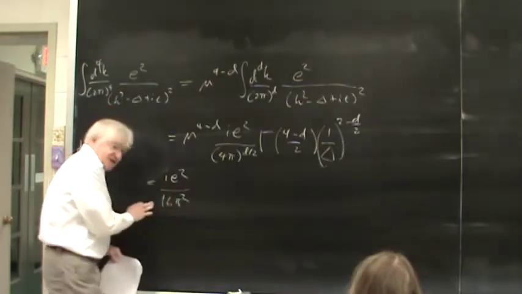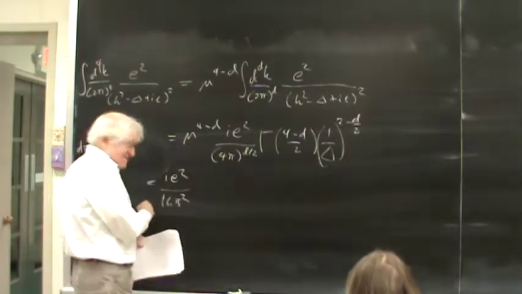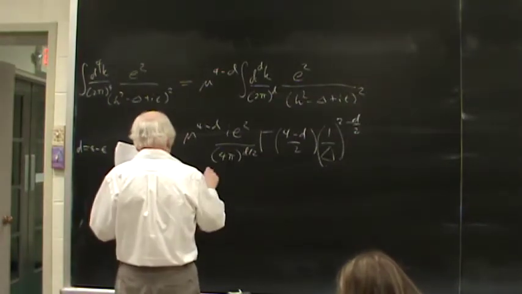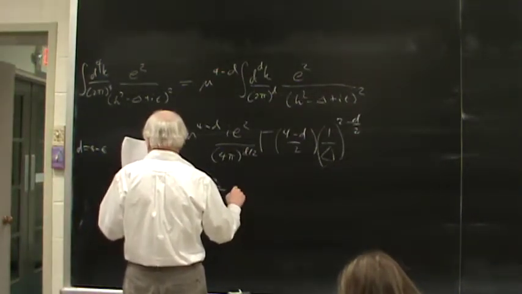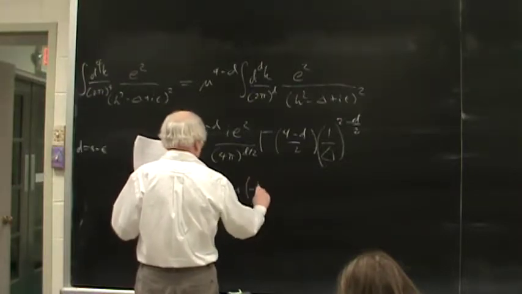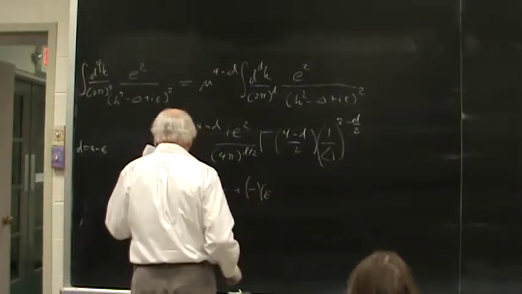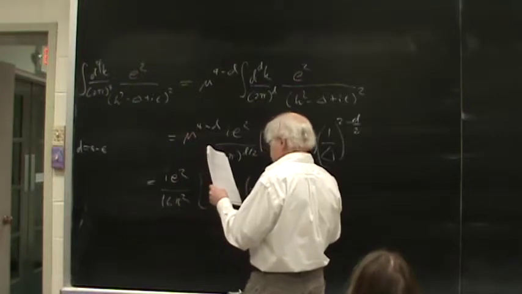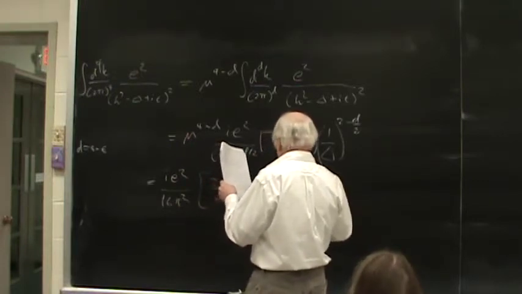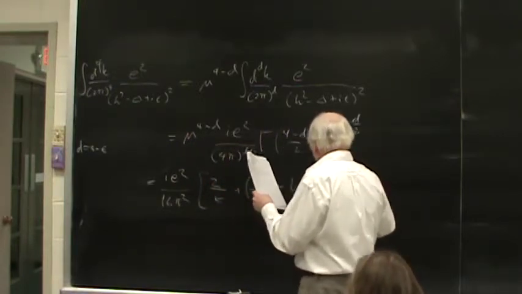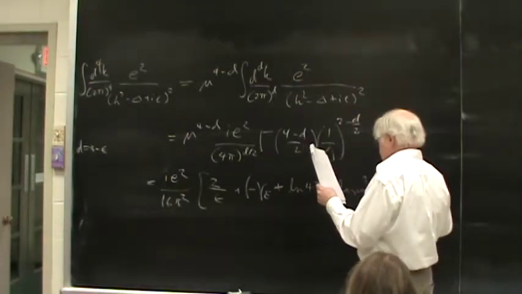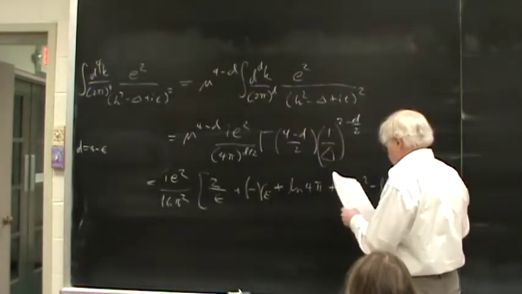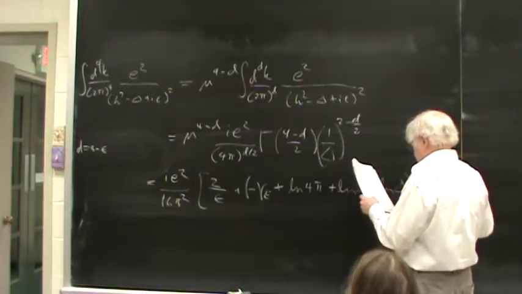So we've got a big change now from 32 to 16. 2 over epsilon plus, and then minus this Euler-Mascheroni constant, which is 0.577 or so, log 4 pi plus log mu squared minus log delta plus order epsilon.